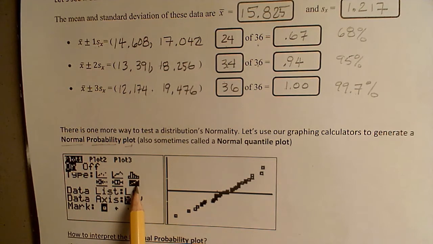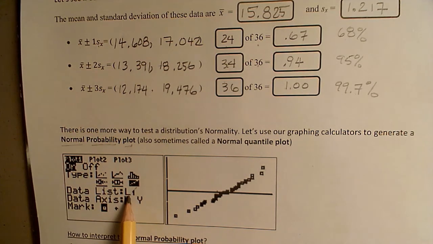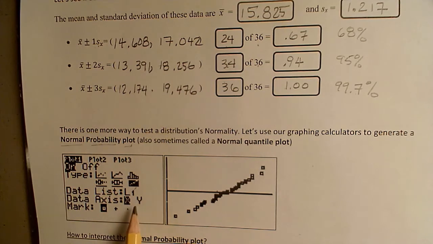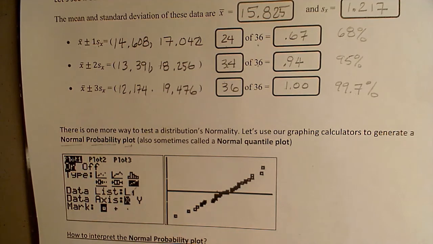It looks almost like a linear graph with dots in it. This is a normal probability plot. Once you select that, it's going to ask you for your list. Leave everything else the same, but list 1 is, assuming your data is in list 1, and then you ask it to graph it. Now you will probably need to do a Zoom 9 to get it to fit properly.